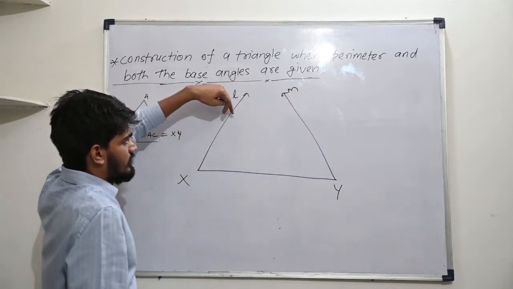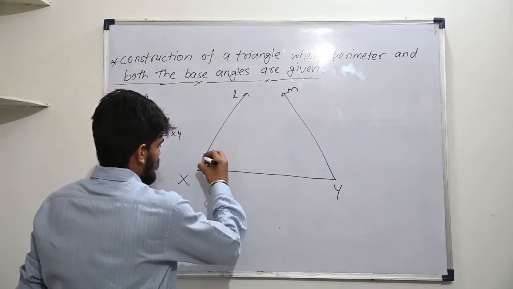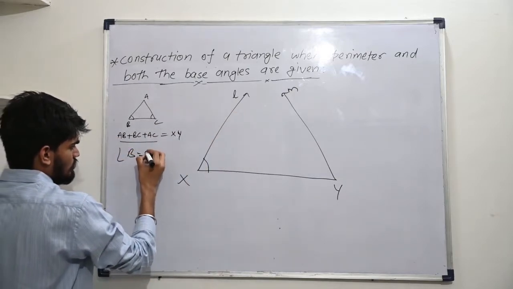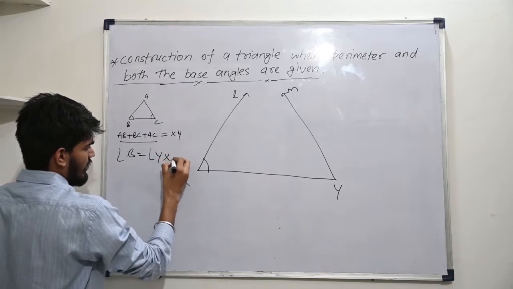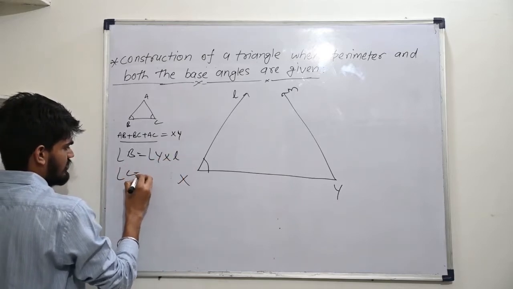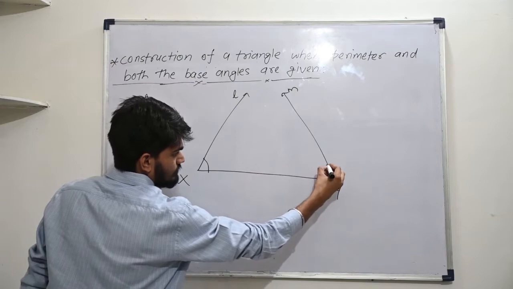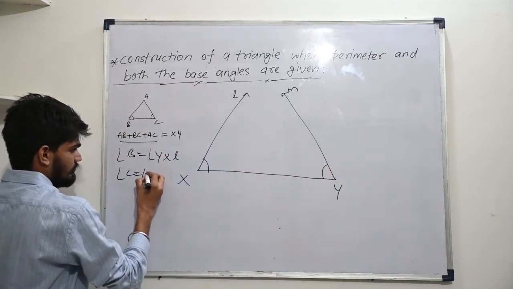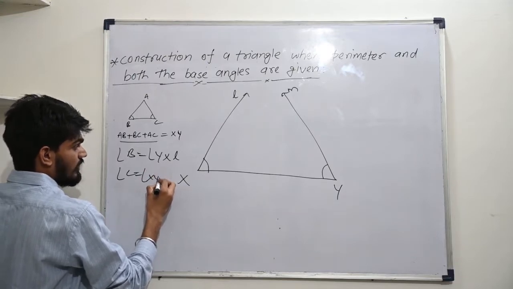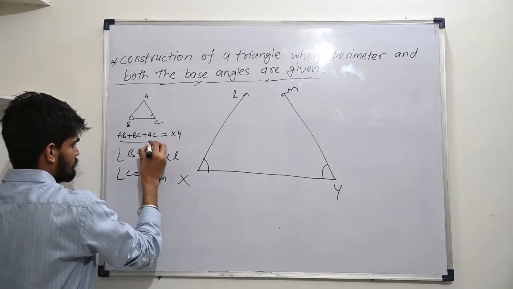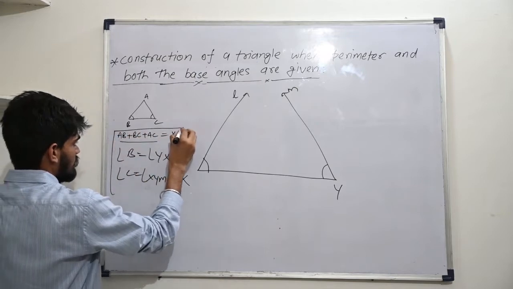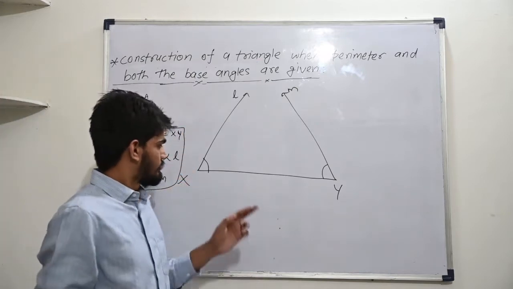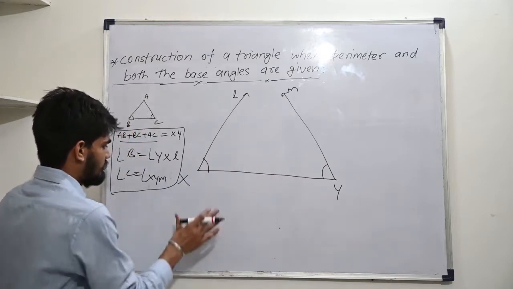Let's say this is line XL and this is YL, such that angle B is equal to angle YXL, and angle C is equal to angle XYM. That was our step 2. We have drawn the base angles.